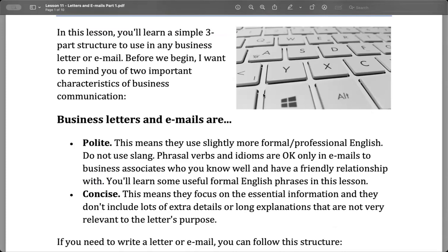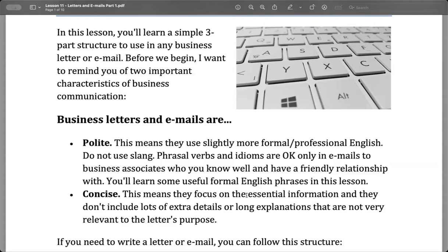Concise. This means they focus on the essential information and they don't include lots of extra details or long explanations that are not very relevant to the letter's purpose.